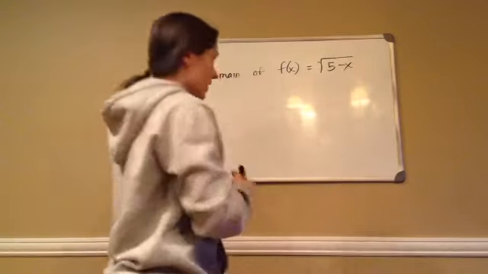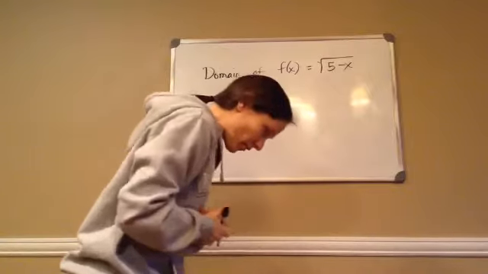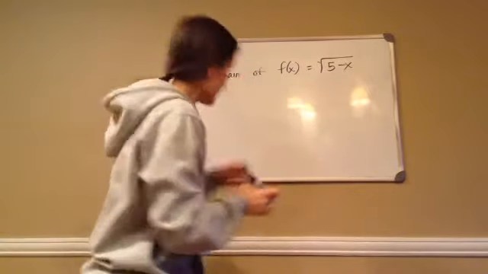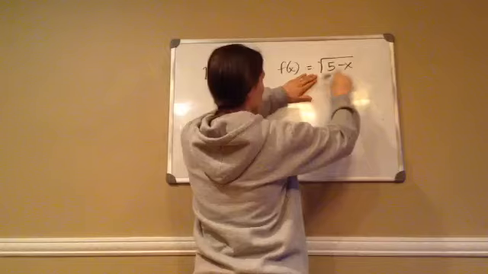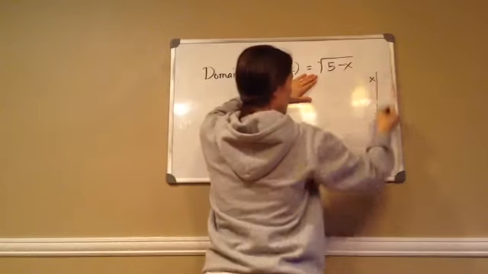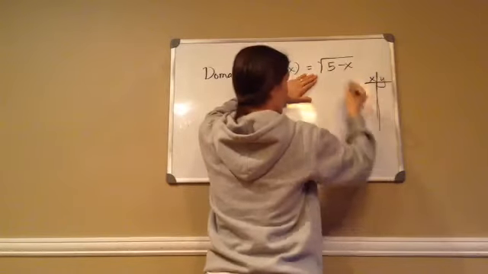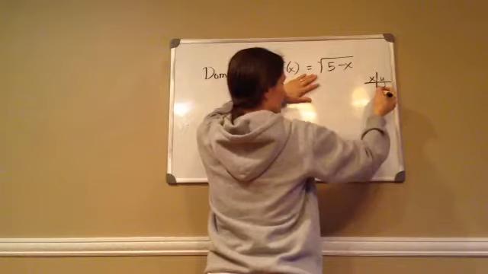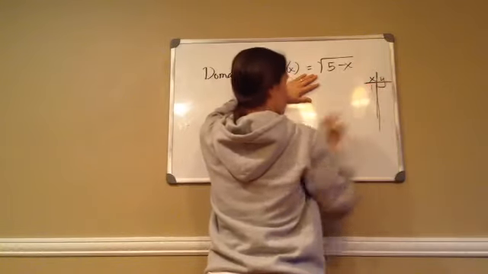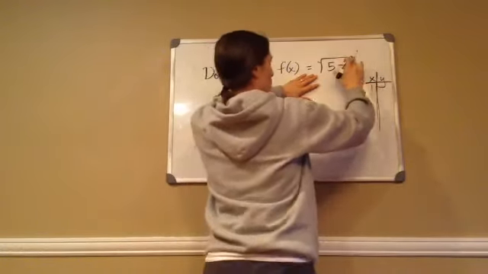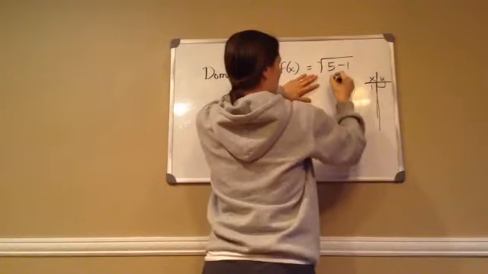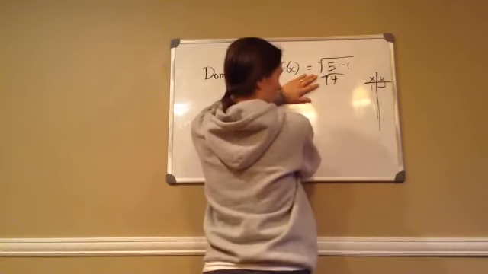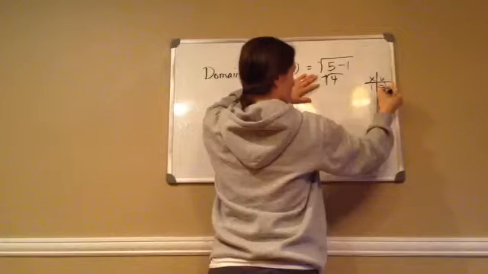Okay? Now, here's what they want to do. So stay with me. I'm going to do an XY chart. If my x is a 1, if I were to put a 1 in here, I would get a 4, and what is the square root of 4? 2. That works.